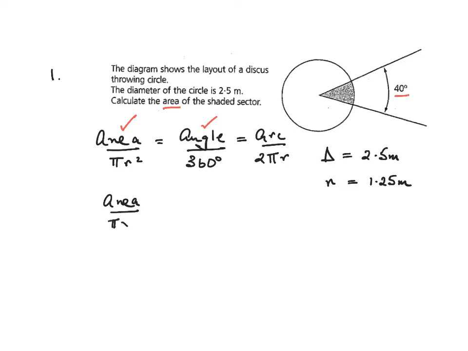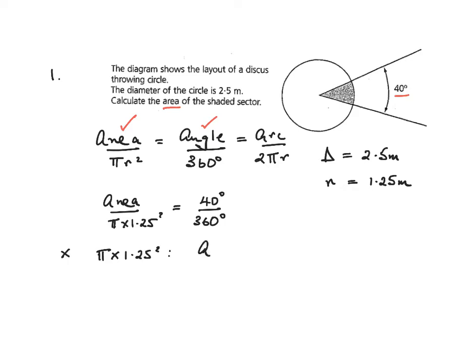We know that the radius is 1.25. The angle is 40 degrees. What I'm going to do to get the area on its own is to multiply by pi times 1.25 squared.